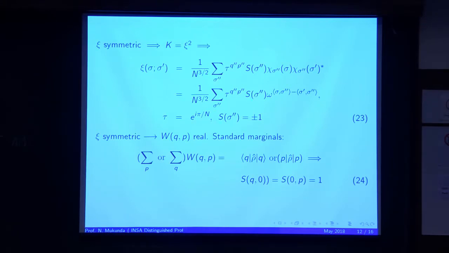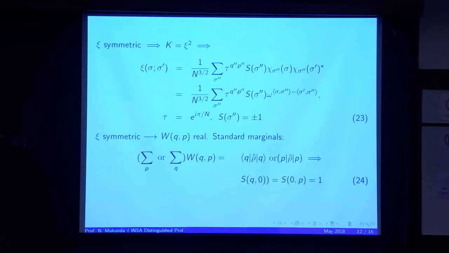There is a summation over phase space point sigma double, and at each point of that phase space in this summation, there is an undetermined sign, +1 or -1. One free sign factor for each character of gamma 0 as an abelian group. So this is the most general solution to this problem. So then the question is, can we somehow get restrictions on these signs, determine them or limit them in some way?